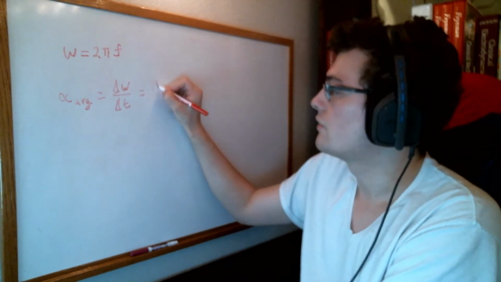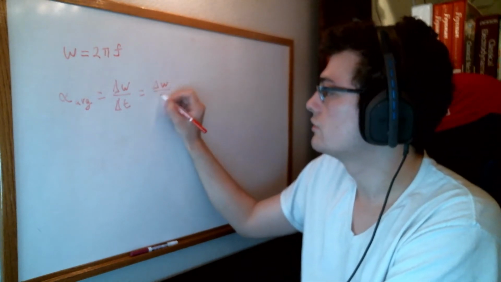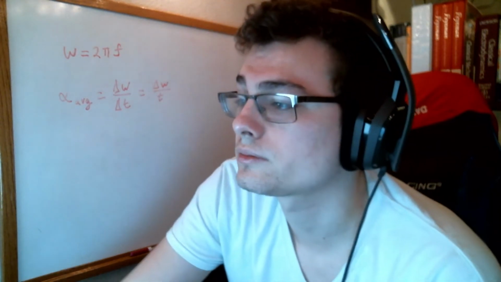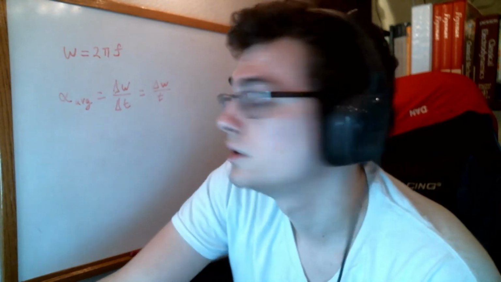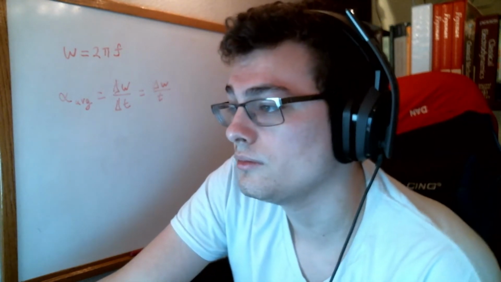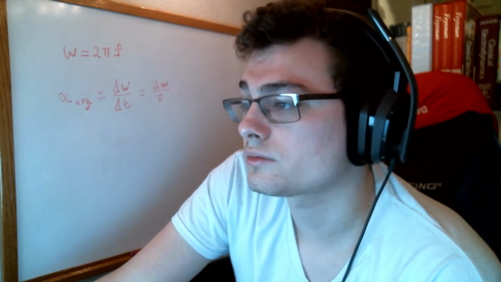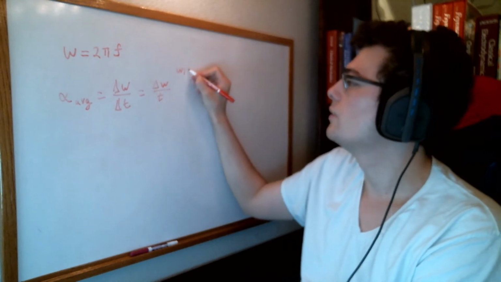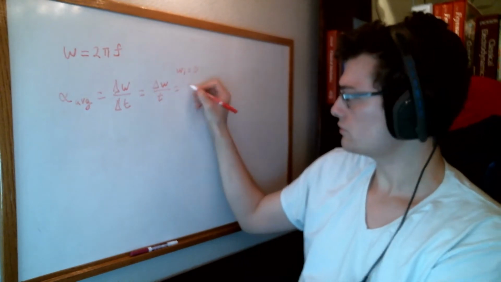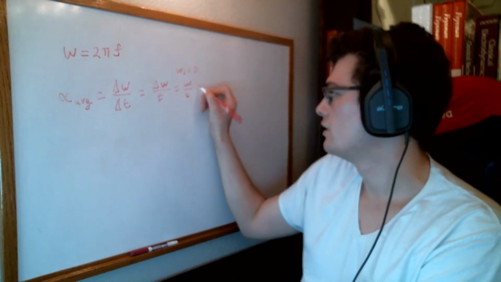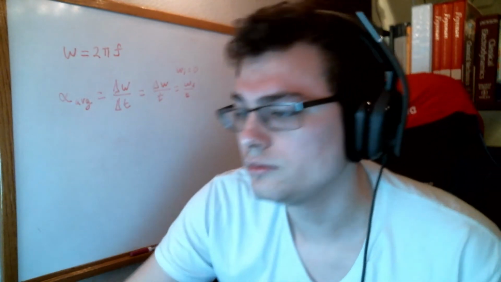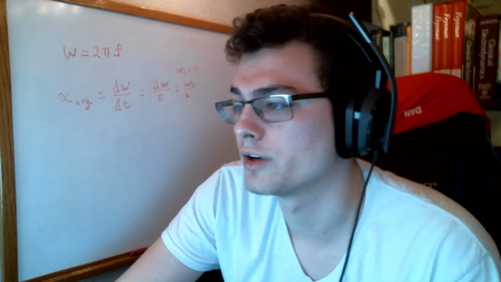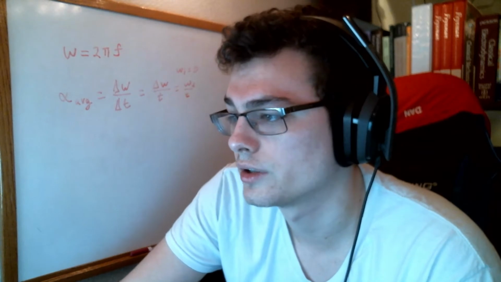So then you'll have delta omega over t, and we can decompress delta omega, and we know that it's also at rest, so we can say that omega i is equal to 0. So then you just have omega f over t. And then you just plug your numbers in from there, and you'll be perfectly fine.